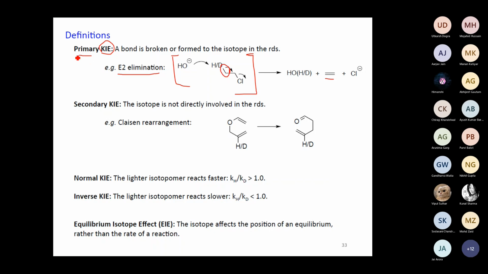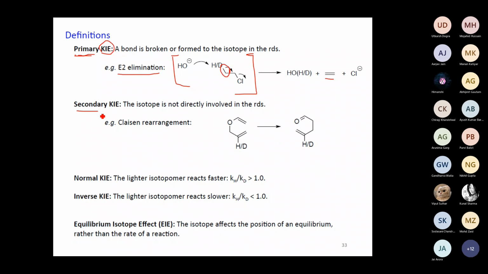If CH or CD is being broken in the rate determining step, then you will get some kinetic isotope effect. KH by KD will be different, not 1. It may be greater than 1 or less than 1, that I will tell later. But this is called primary kinetic isotope effect. There is another term, secondary.